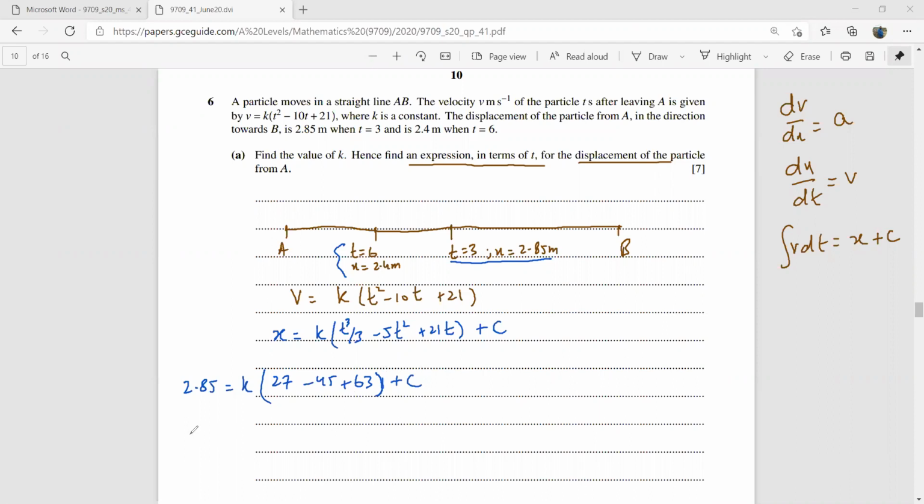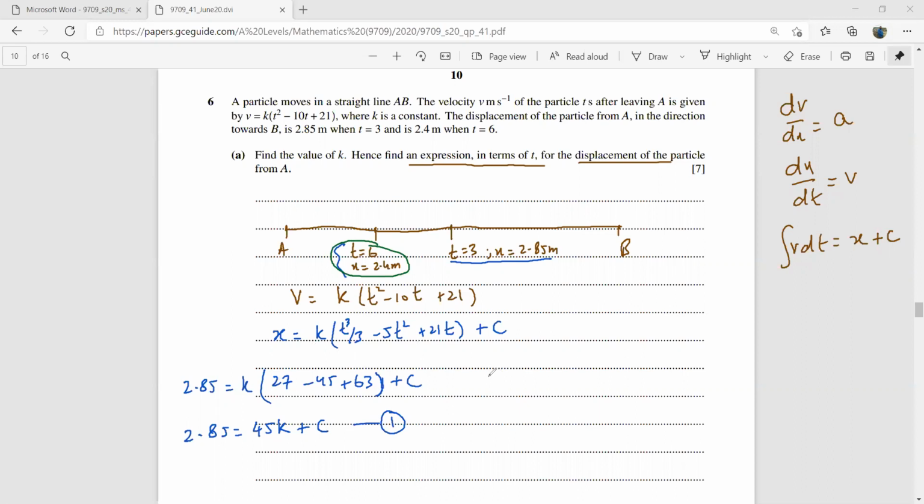Someone please use the calculator and tell us what is this value here. That is 90 minus 45, Hannah. That is 45k. Is that 45k? Okay, this is your equation number one. Then you substitute this point over here into the same equation.